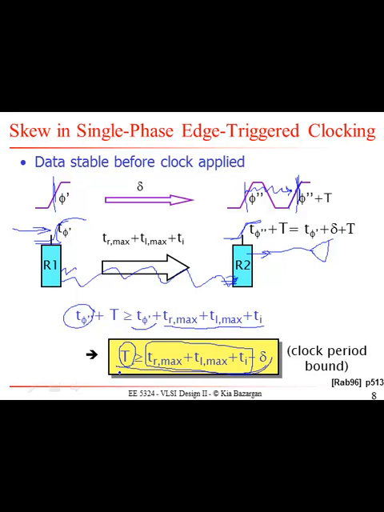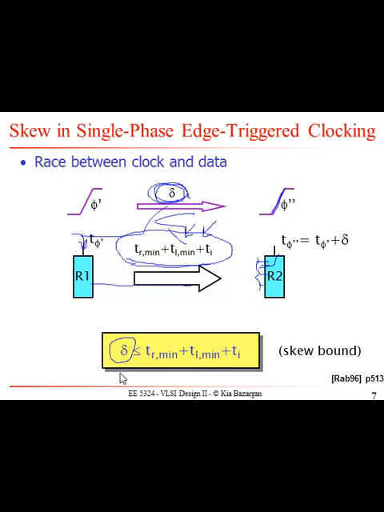So it's potentially going to be a good idea to have negative delta. And if you look at the previous slide, you're going to see that if you have a negative value here, this condition is always going to be honored, which means you're not going to have race conditions. So a negative delta is good for race condition.